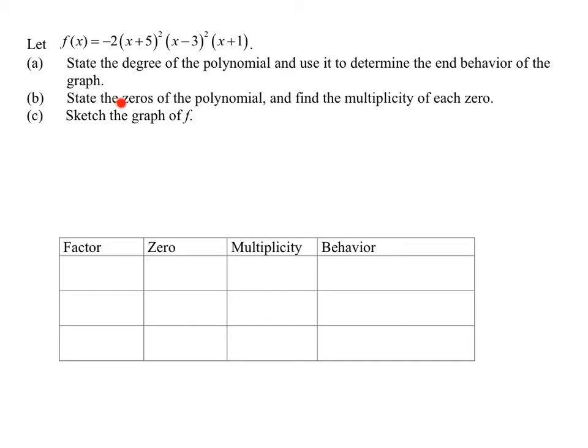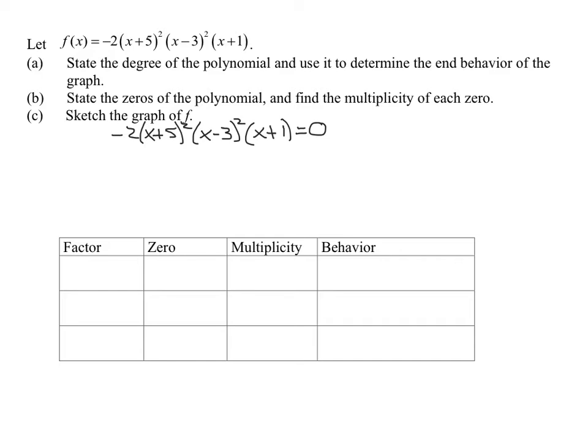So the first thing I want to do is find the zeros of the polynomial. That means set f of x equal to 0, so my whole polynomial has to equal 0. So I'm going to have negative 2 times x plus 5 squared times x minus 3 squared times x plus 1 has to equal 0 to find the zeros of the polynomial.